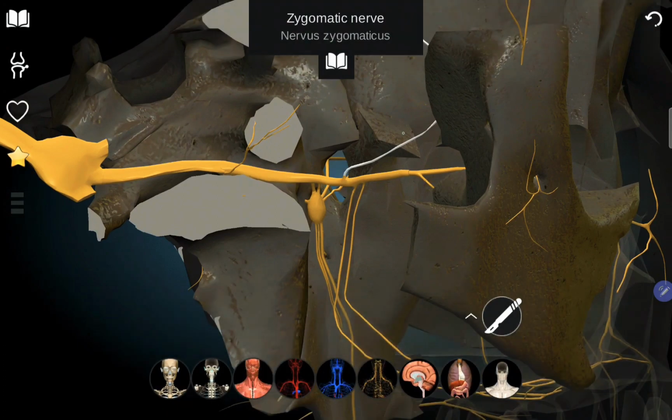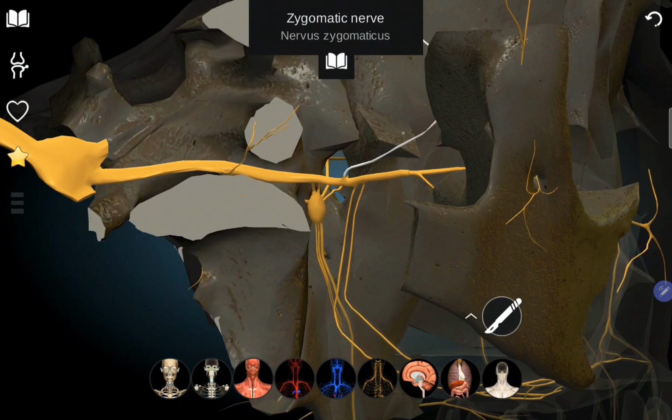The next branch we have is the zygomatic branch. So of the first divisions of the maxillary nerve, we have studied the meningeal nerve, and after that it is crossing the pterygopalatine fossa.